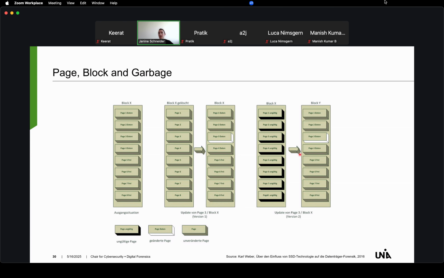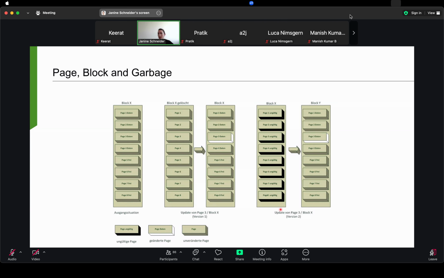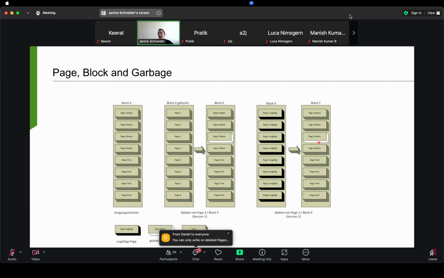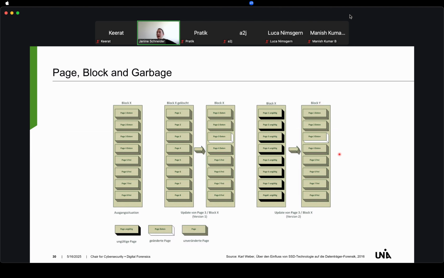Strategy 2 is we save the entire block again in the DRAM buffer. We mark the block, all pages in the block, as invalid. Then we write the data we want to change in another block, block Y. And then we'll update our page.